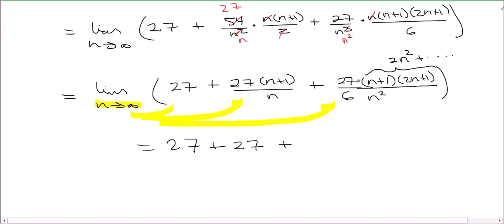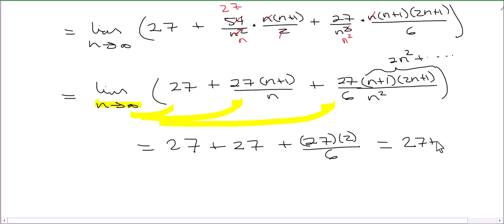Here I have to be careful because when I multiply these out, I can't ignore that 2. I get n times 2n, so it's 2n squared. So when I look at the coefficients, I have to take that 2 into account with that 27. So I'm going to be left with my coefficient is going to be 27 times 2, and the coefficient on the bottom is just 6. And so what are we left with? So add those up, and that will be our answer.